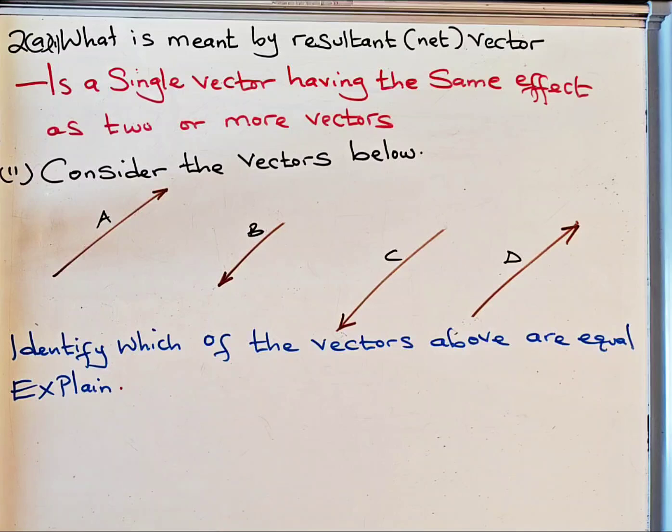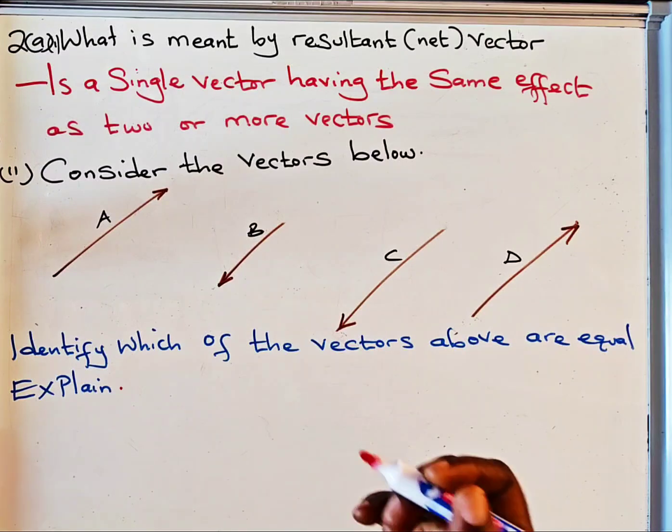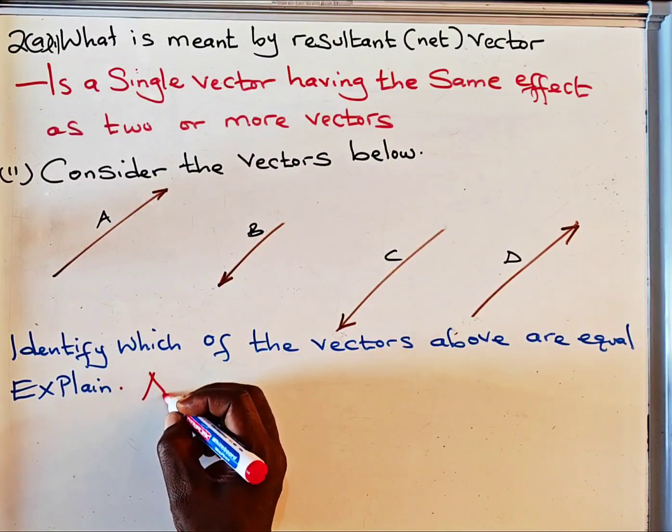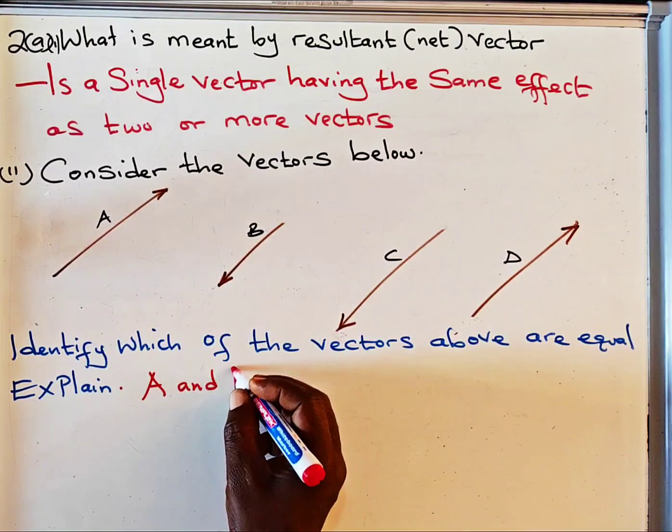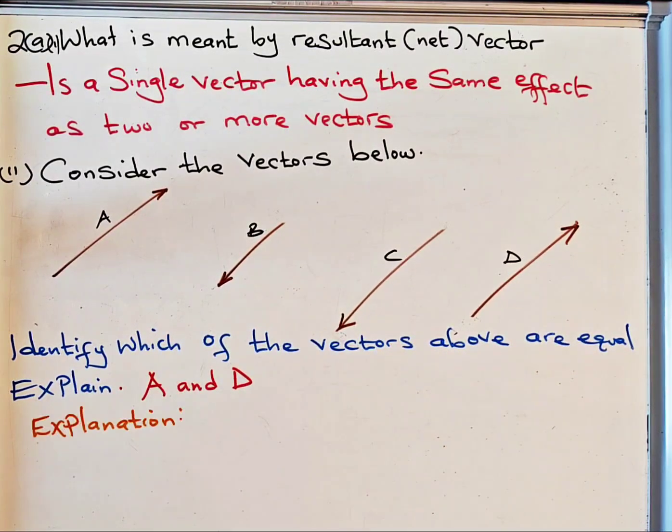The length is proportional. So the answer is A and D. Our explanation is that they have the same magnitude and the same direction.